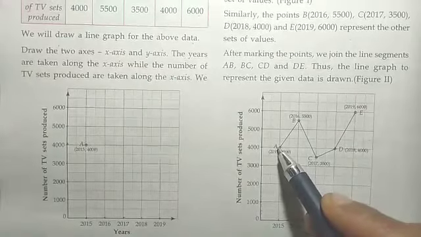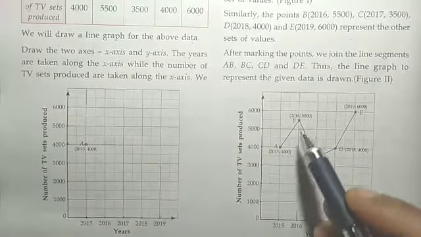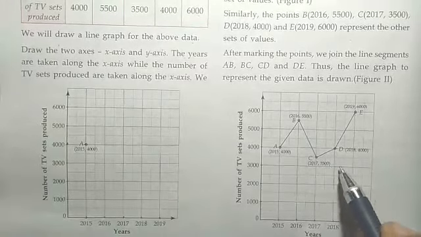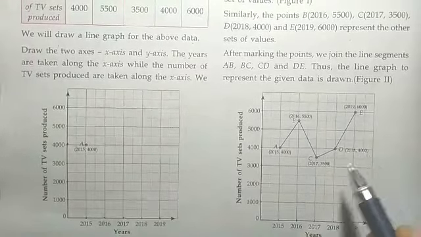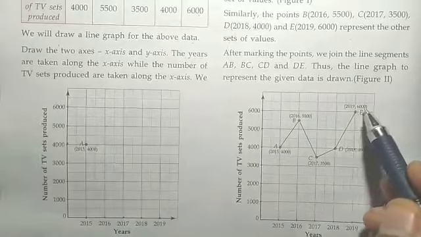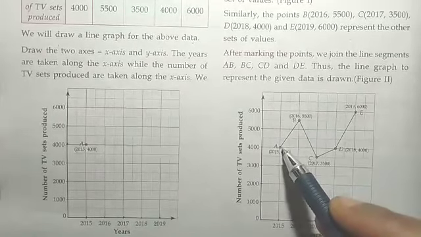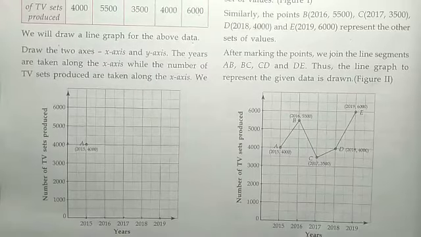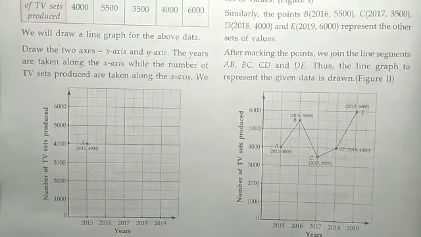Then after that mark all the points: A (2015, 4,000), B (2016, 5,500), C (2017, 3,500), D (2018, 4,000) and E (2019, 6,000). Then join all these points with a straight line. Then we will get the line graph.